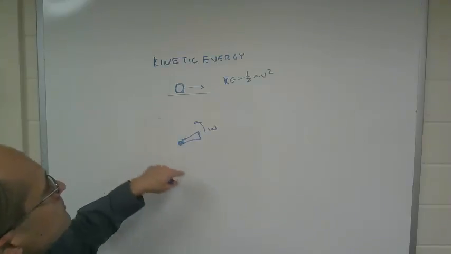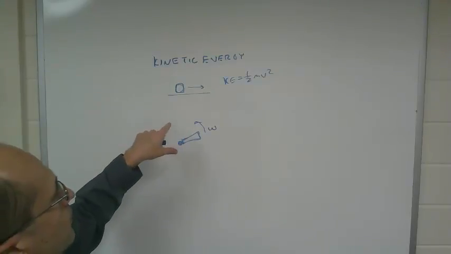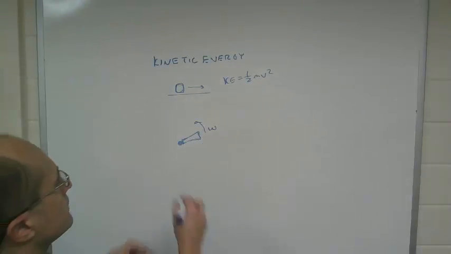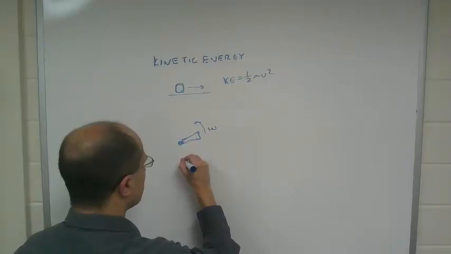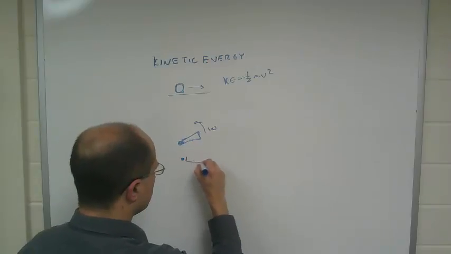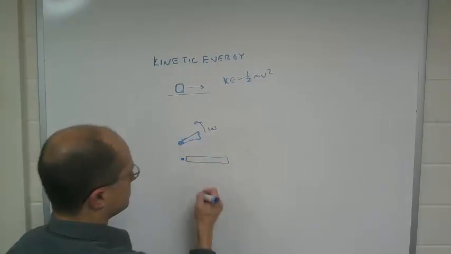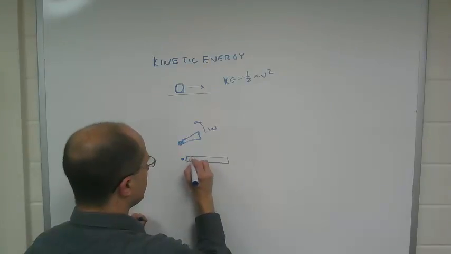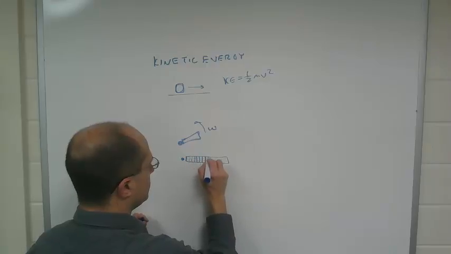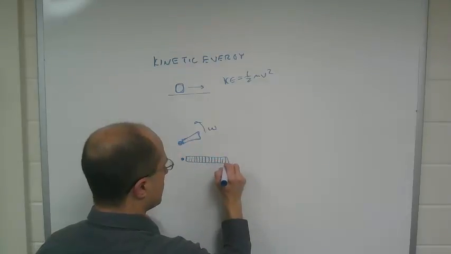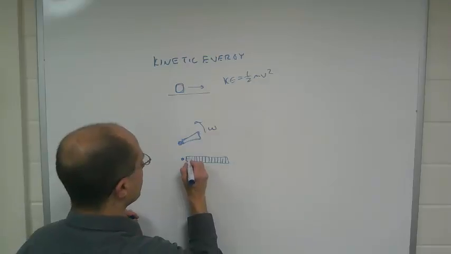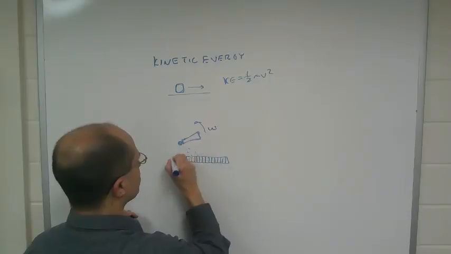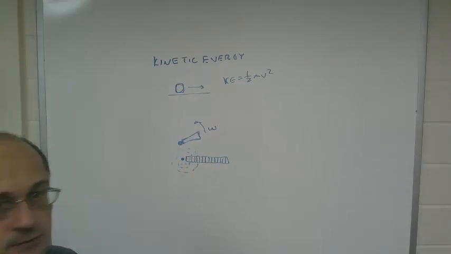Well, this object is moving, but we can't directly just use 1/2 mv squared, because if we're looking at this bar, I'm just trying to exaggerate the size, you could break this bar into little tiny pieces. And each little tiny piece is running around a small circular track of varying distances.